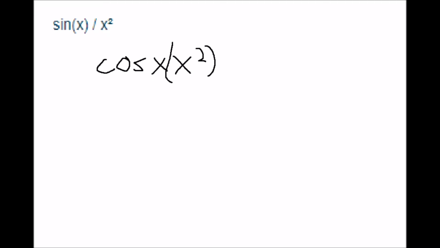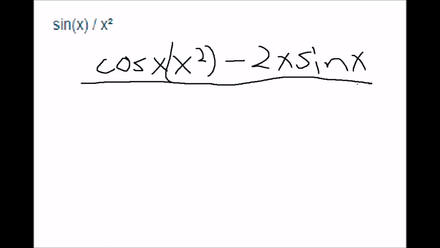So we have the derivative of sine x, times x squared, minus the derivative of x squared, that's 2x, times sine x, and then it's all over the bottom squared, which is x to the 4th power. And I think that's as far as you can get when you simplify.